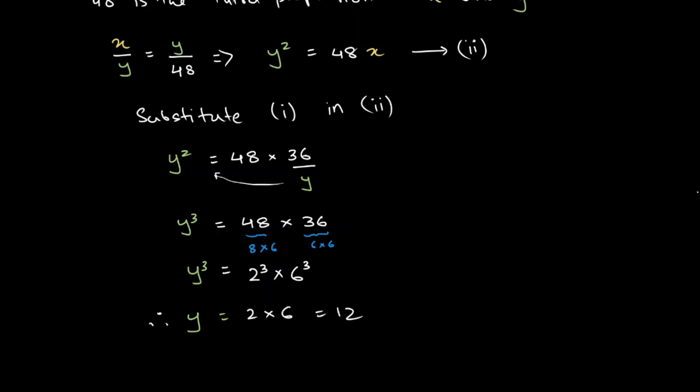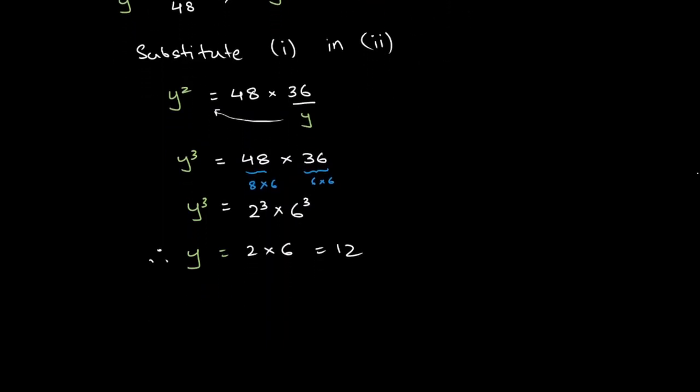Now I have the value of y. I'll substitute y is equal to 12 in equation number 1. If you remember, equation number 1 was telling me that x is equal to 36 upon y. Therefore x is equal to 36 upon 12, which is equal to 3.